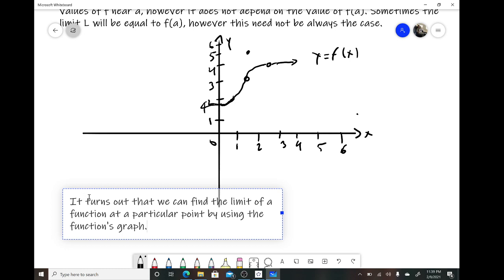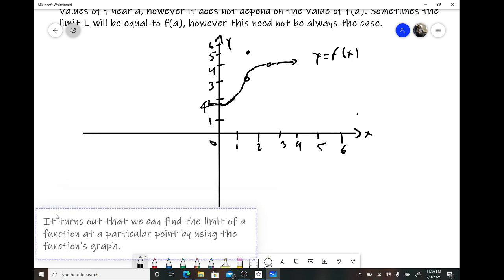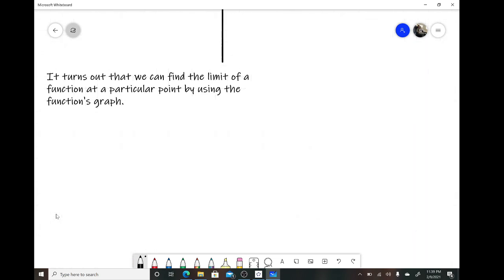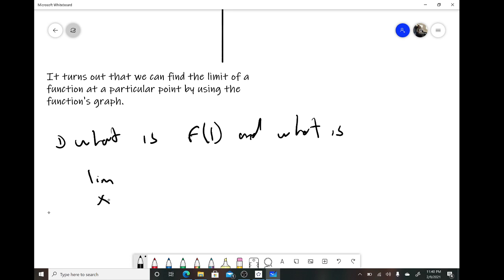So if you could graph the function, then you could find the limit at any point. So my first question is, number 1, what is f of 1 and what is the limit as x approaches 1 of f of x?